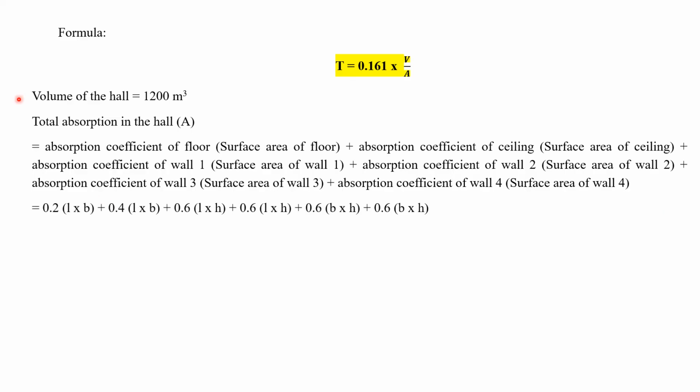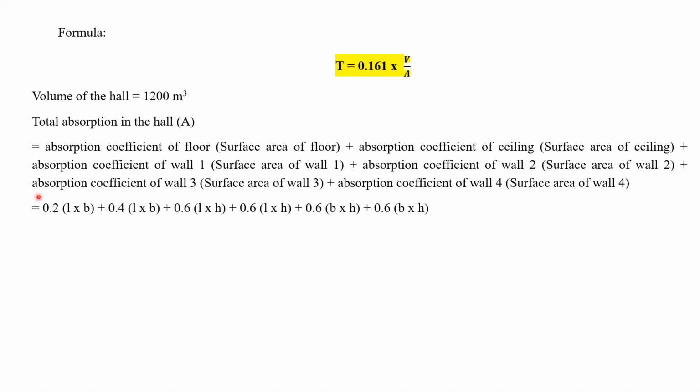For floor the surface area is L into B, same will be the surface area of ceiling, L into B. For wall 1, say surface area is L into H, and that will be there for another wall. Two walls which are parallel to each other will have the same surface area. Then another two walls will have similar surface areas that are nothing but B into H.